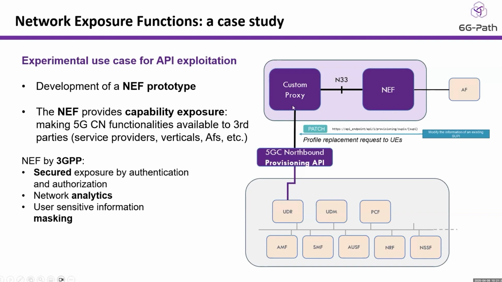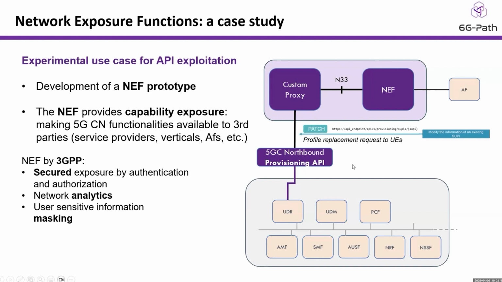And as you can see in the figure, this is our implementation of the network exposure function, and through a specific component that is able to translate standard compliant requests to vendor specific API, like what you see here, we can change the slice belonging of a specific user equipment, exploiting this patch method.